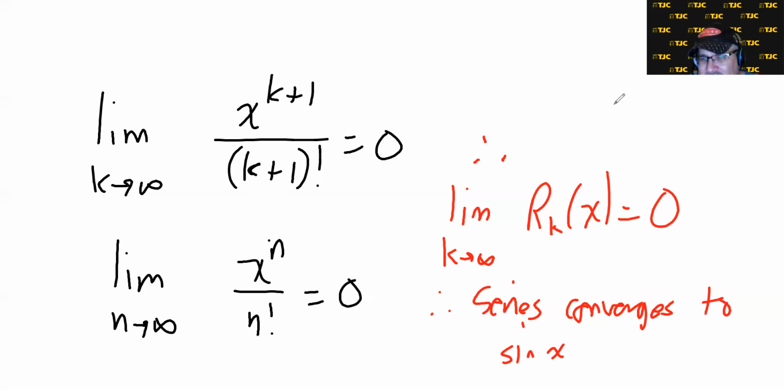Not all functions actually can. And the functions that can't be represented by their Taylor series exist. We're not going to get into them now. If you take a more advanced calculus class or an analysis class, you'll see classes of functions whose Taylor series do not converge to the actual function.